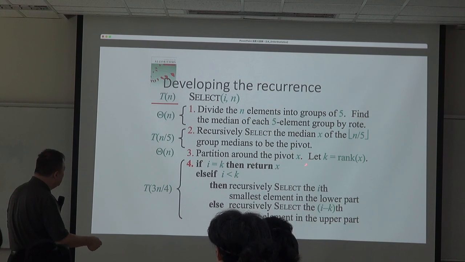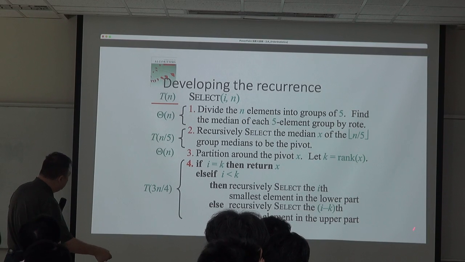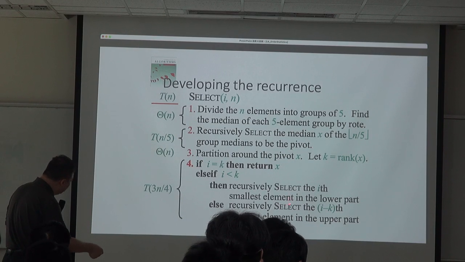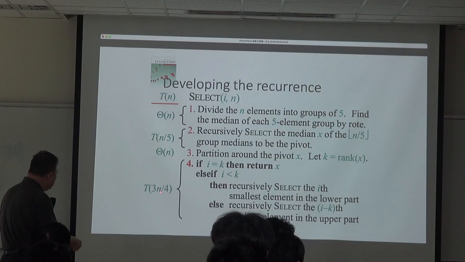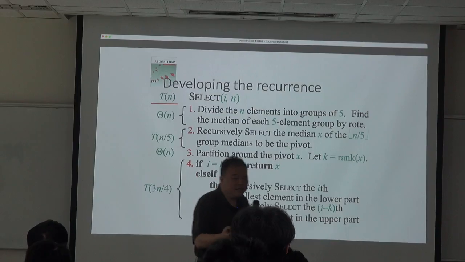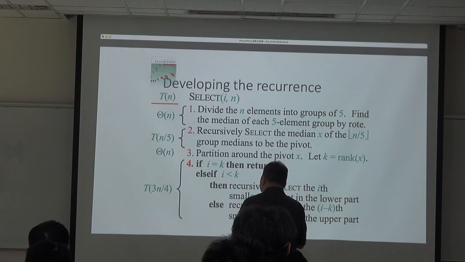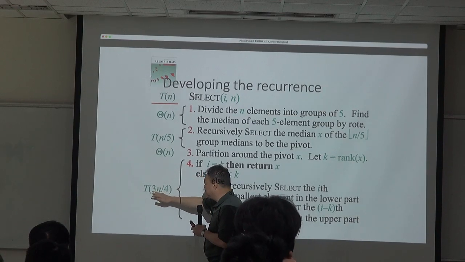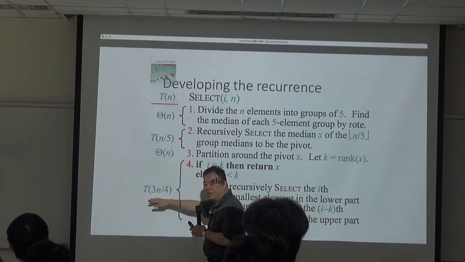This partition takes linear time, we already know that. In this recursive call, every time n is reduced by at least 25%, so 1/4. So this part is T of 3n divided by 4, right?